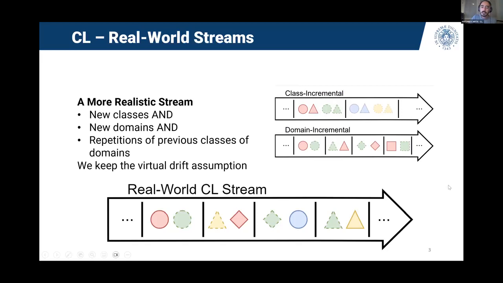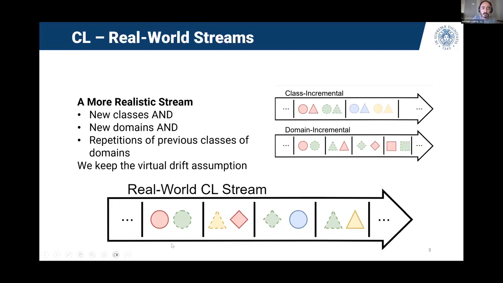So in the real world, streams are a little bit different because yes, you get new classes over time, but you also get new domains and you get some repetitions. So you can see some classes that you have seen before and some domains that you have seen before. This is quite different from what actually happens in the toy settings that we use for our experiments.